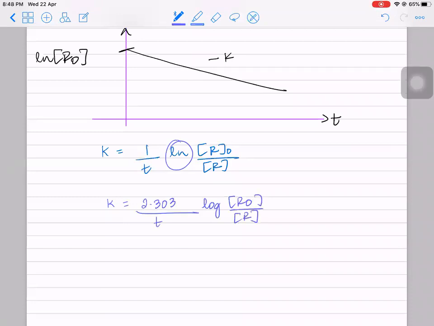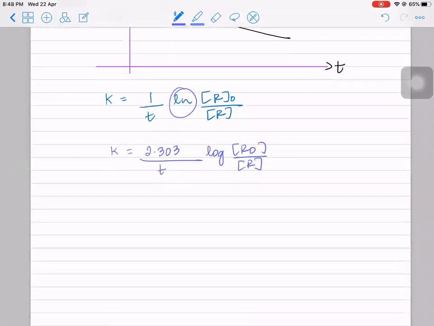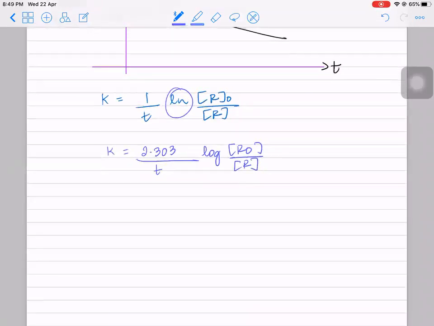Okay, and now once you have this, you can further simplify this, and this will be log r naught upon r is equals to kt upon 2.303, where you see this k is a constant, right?